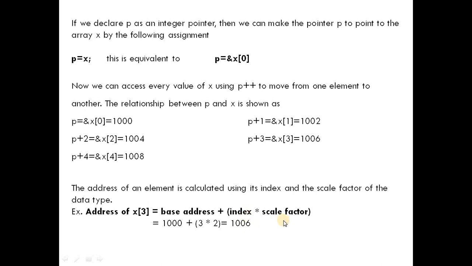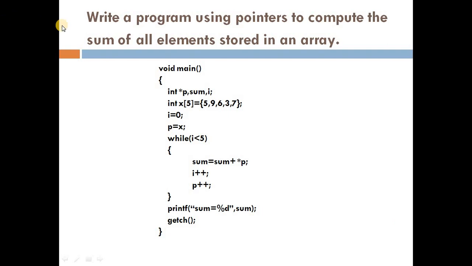When handling arrays, instead of using array indexing, we can use pointers to access array elements. Now we shall see a program where we use pointers with our array to access the elements. We'll take the first program: write a program using pointers to compute the sum of all elements stored in an array.